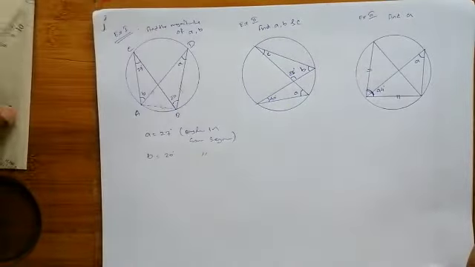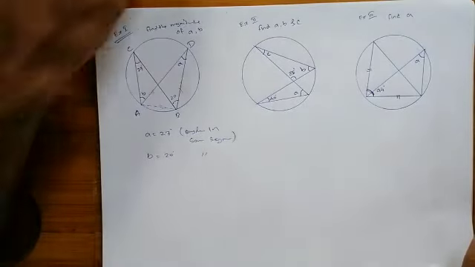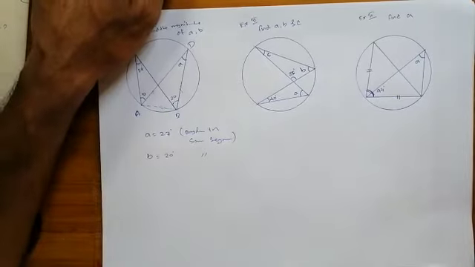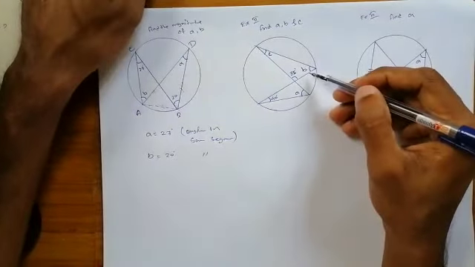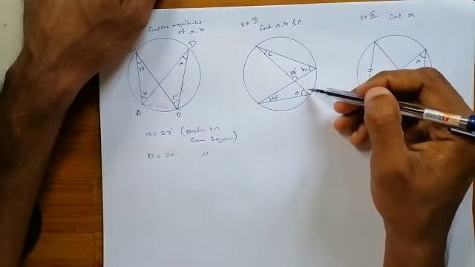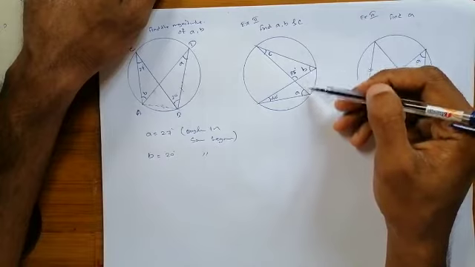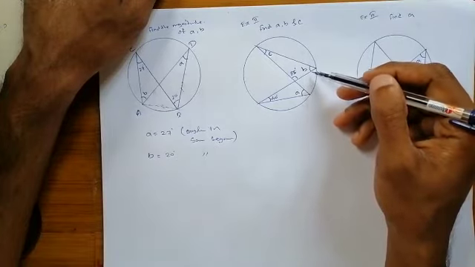Okay, go to the second example. Find the value of a, b, c. There are three unknown terms a, b, c. What is the position of a and b? You need to find which arc creates a and b.